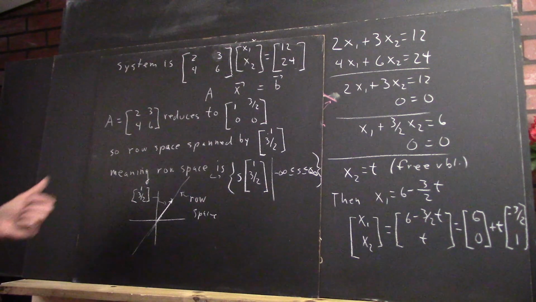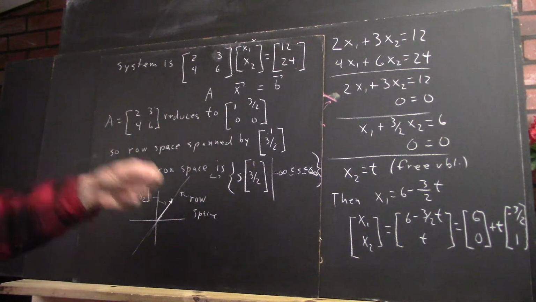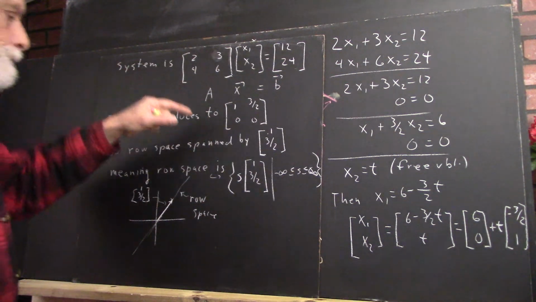Well, the null space of this matrix is the set of vectors that map to 0.